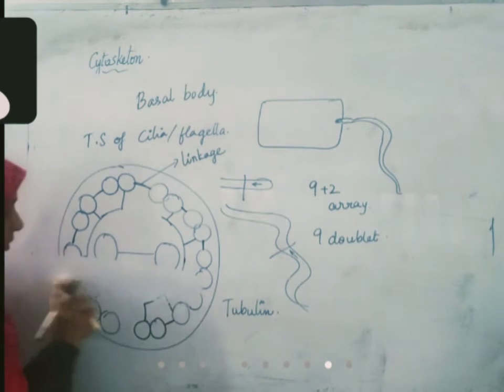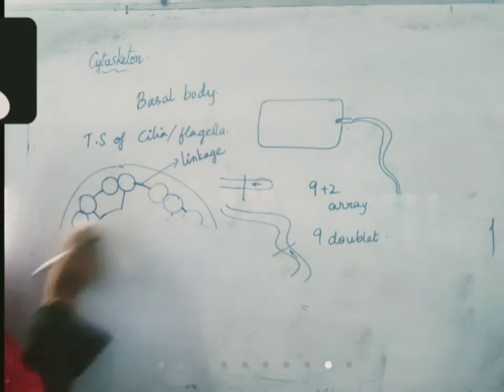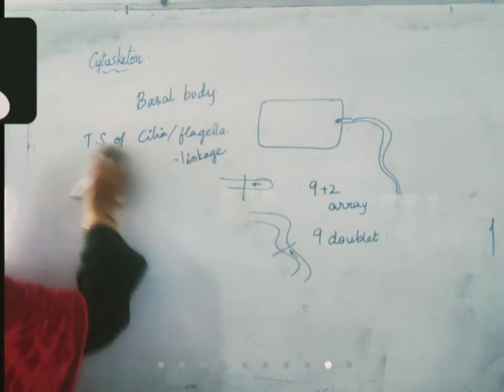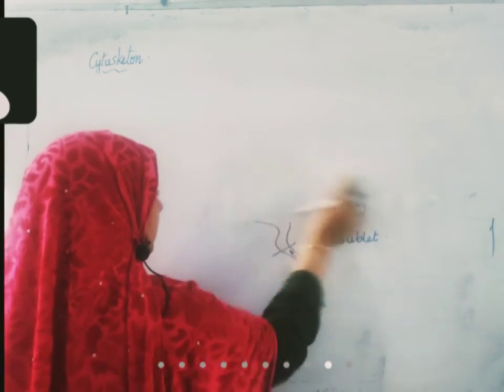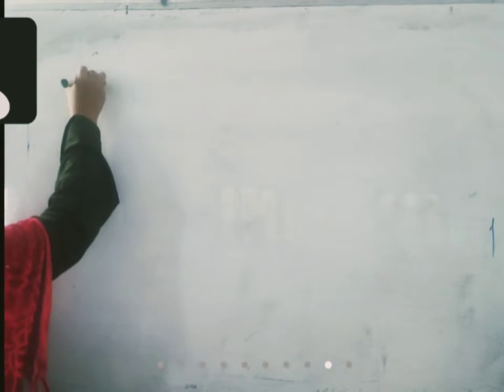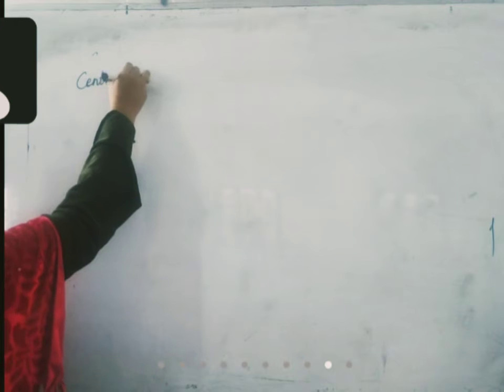Right? Next, the structure of centrioles. Centrioles are present only in animal cells. Both the cytoskeleton as well as centrioles are present only in animal cells. Centrioles are also one organelle present inside the cell.